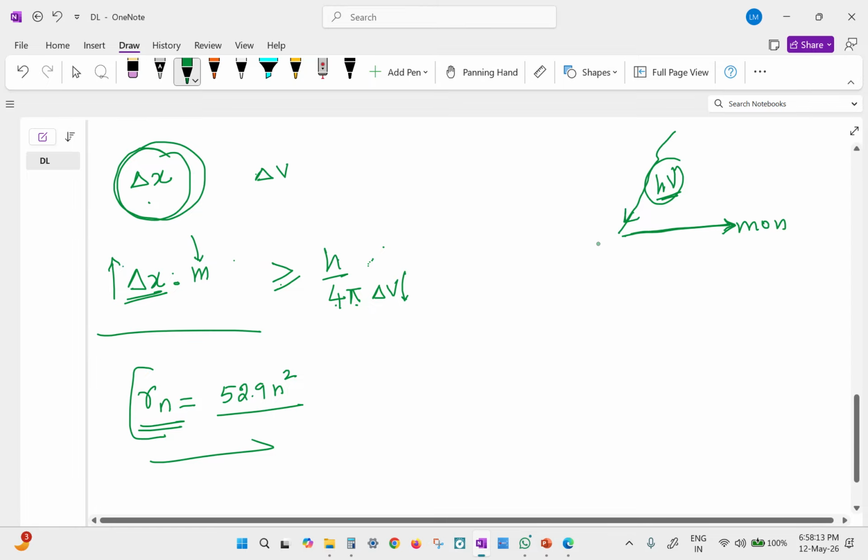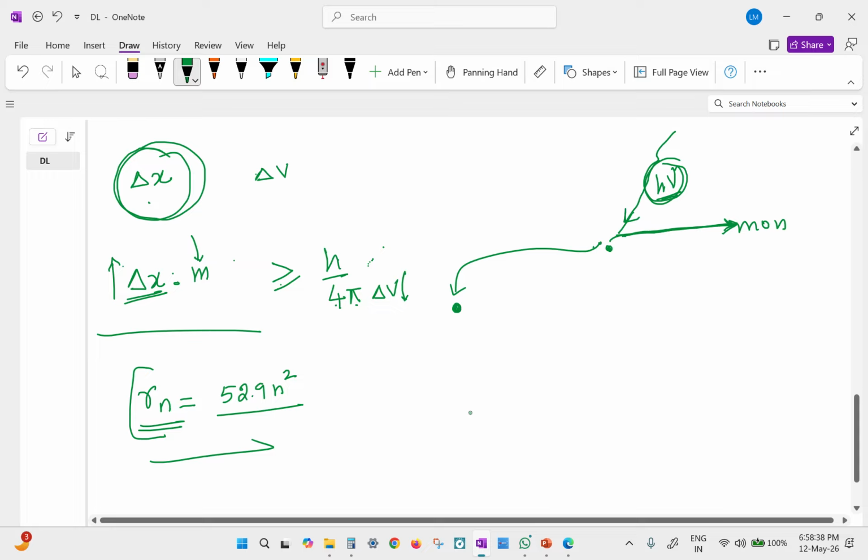But if in the place of Shri it is an electron, a parcel as big as h nu amount of energy falls on it, then it would definitely reflect. But by the time, the electron would have been kicked out of its position and would be somewhere else. By the time mom perceives that the electron is here, the electron actually went somewhere else.